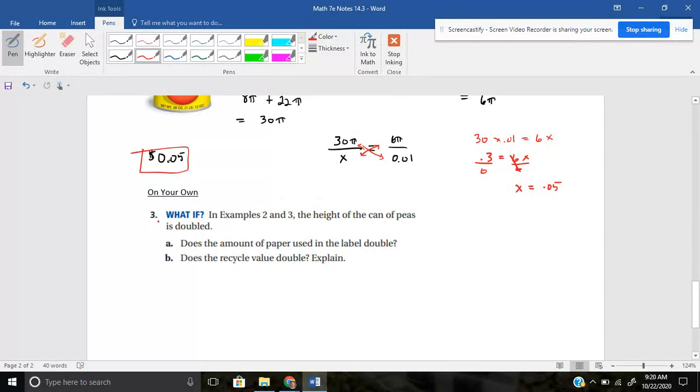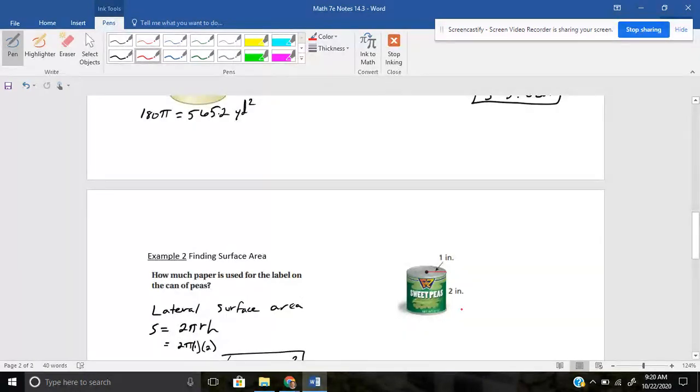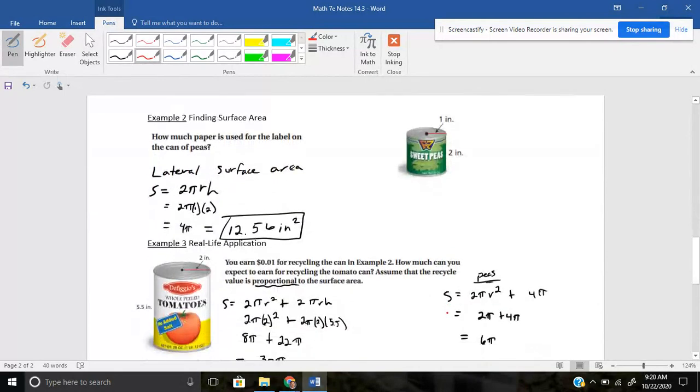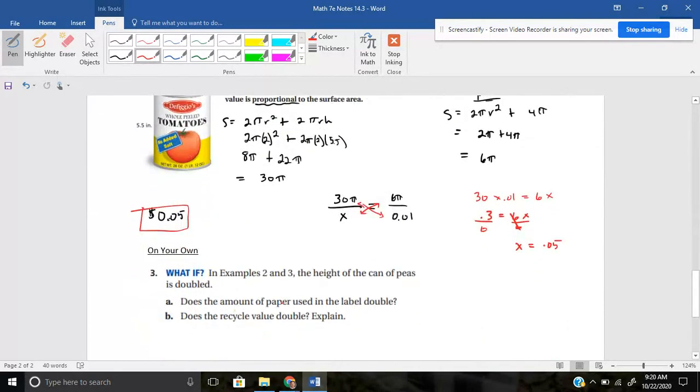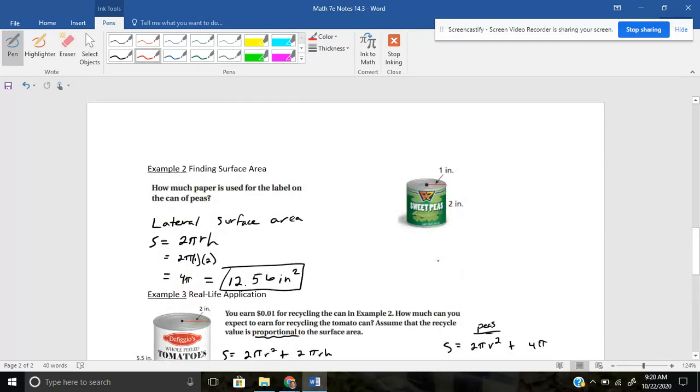Example number 3 says, what if in examples 2 and 3, the height of the can of peas is doubled? So this height now turns to 4. The question says, does the amount of paper used in the label double? So instead of having 2 inches, you'd have 4 inches.